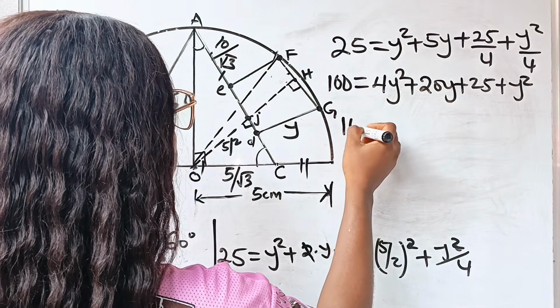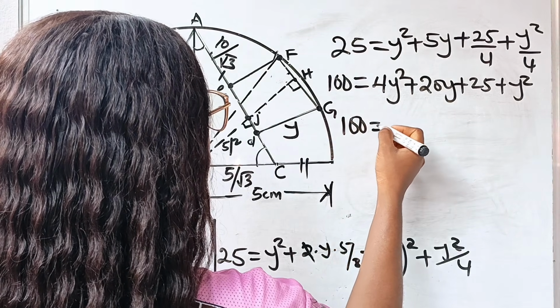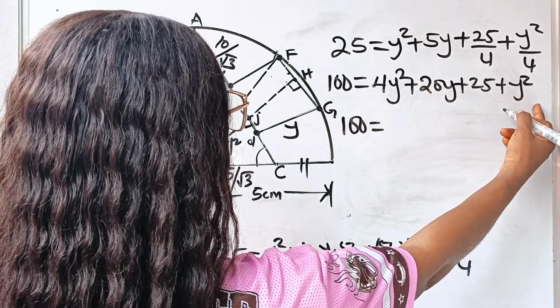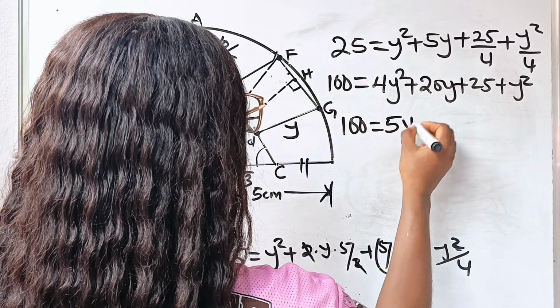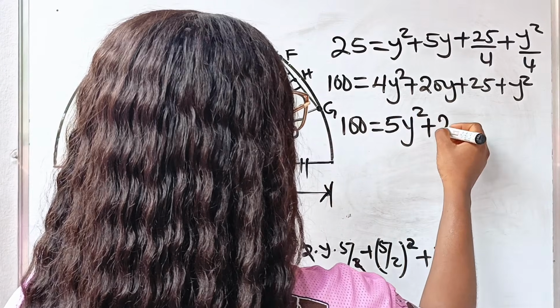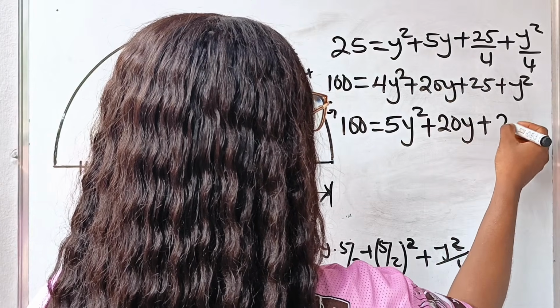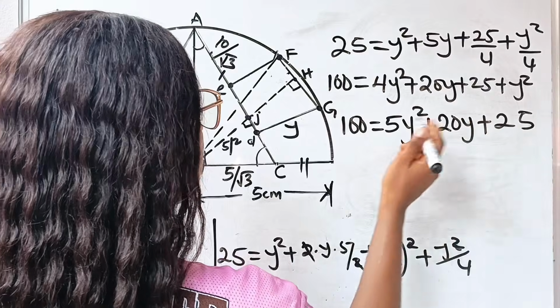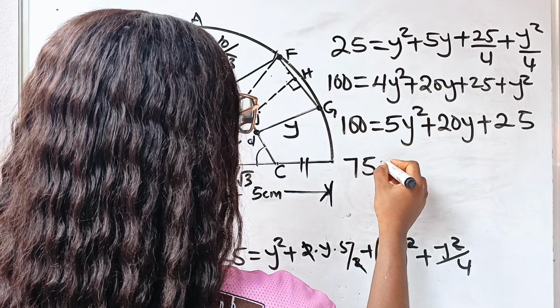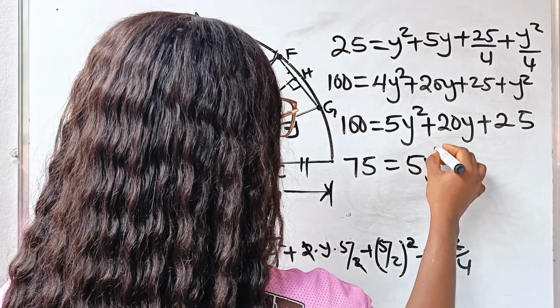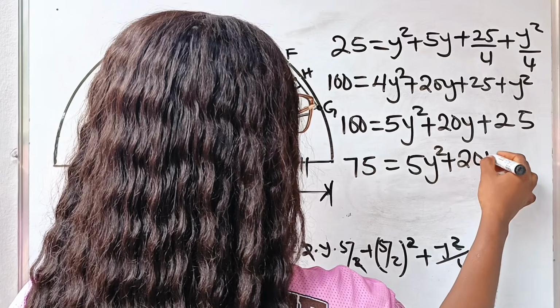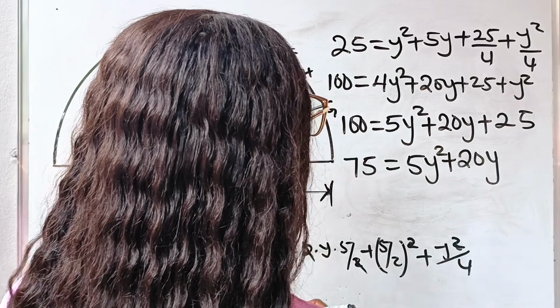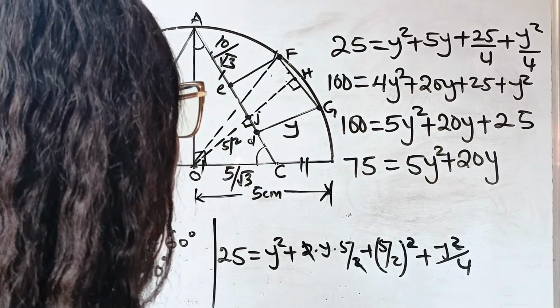So we'll have 100 is equal to 4y squared plus y squared is 5y squared plus 20y plus 25. Now 100 minus 25 will give us 75 is equal to 5y squared plus 20y. Did we miss anything? No, not yet.